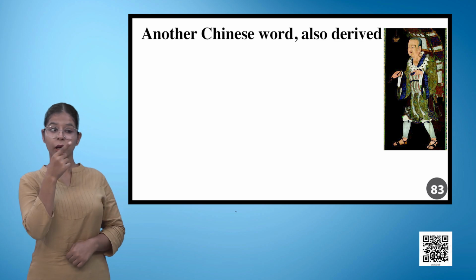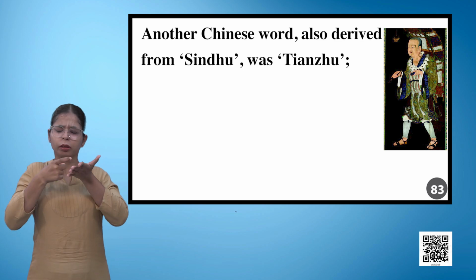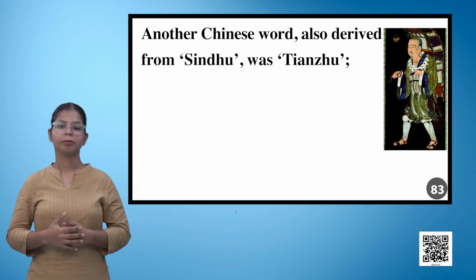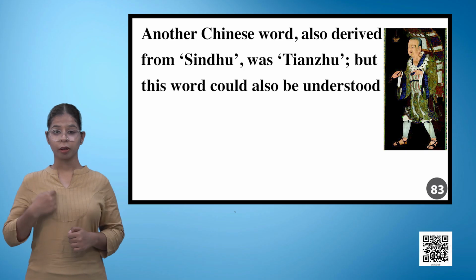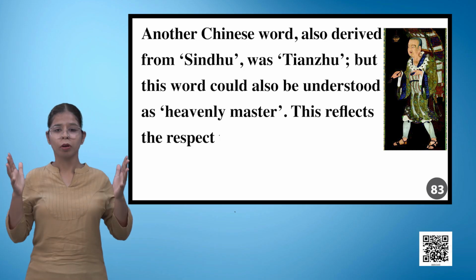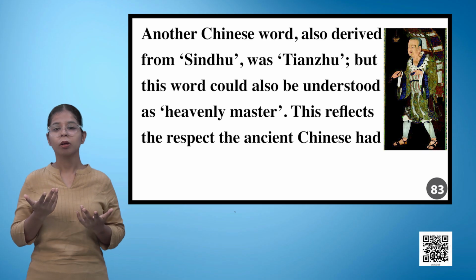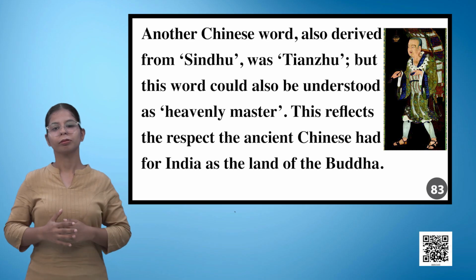Another Chinese word also derived from Sindhu was Tianzhu. But this word could also be understood as heavenly master. This reflects the respect the ancient Chinese had for India as the land of the Buddha.